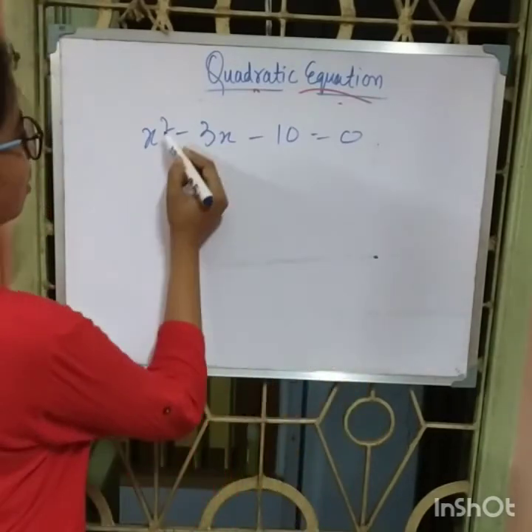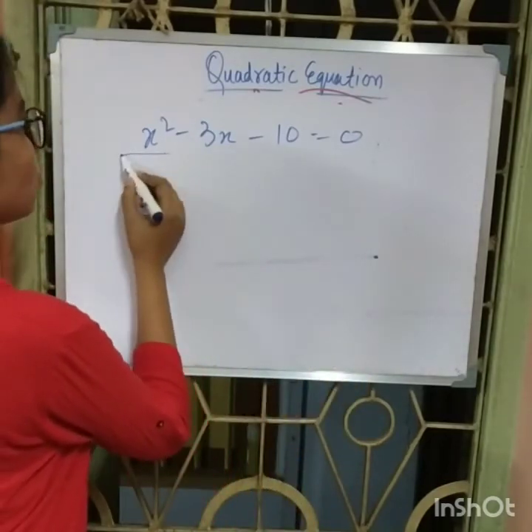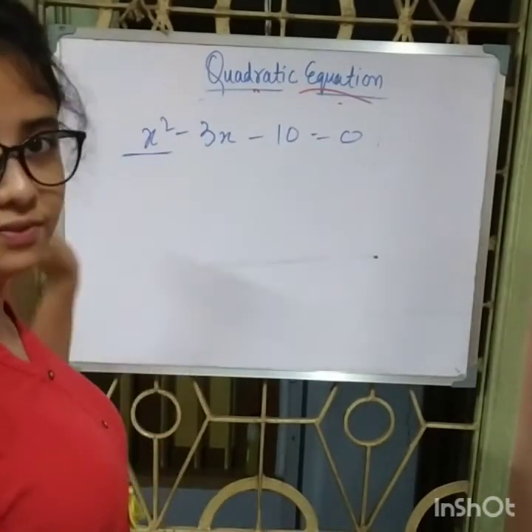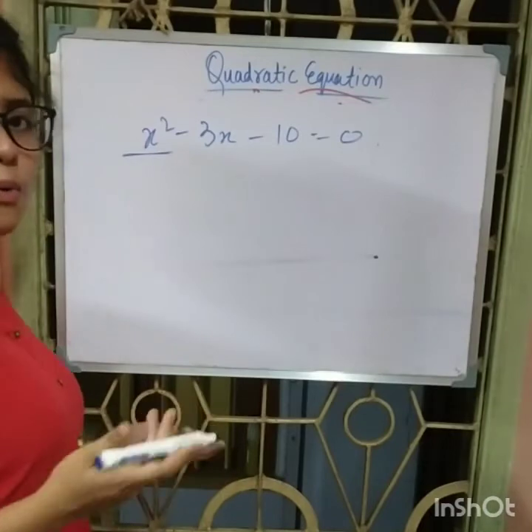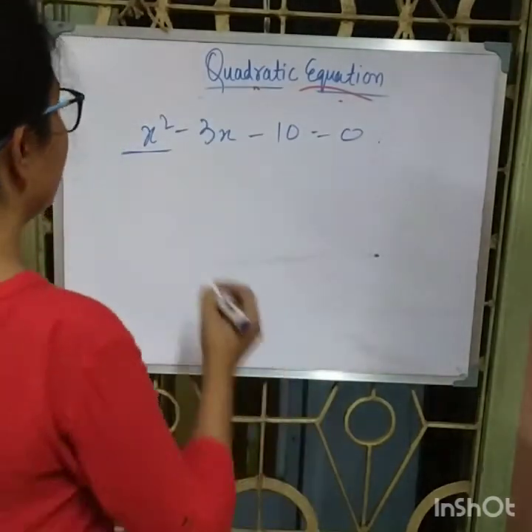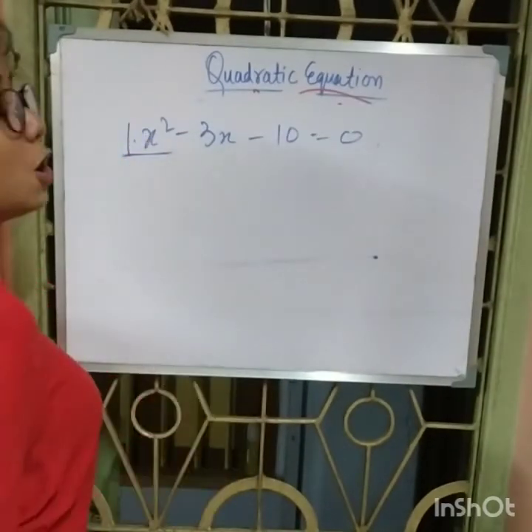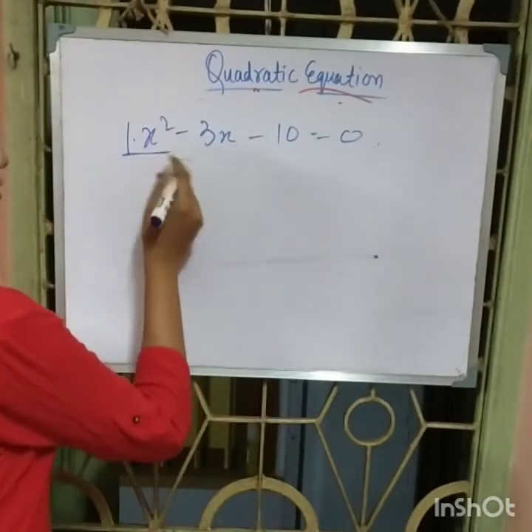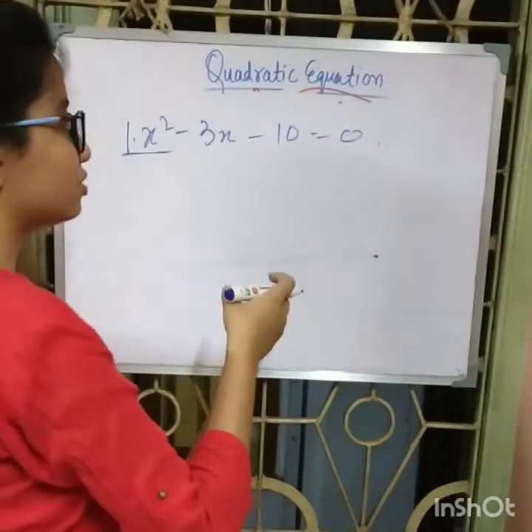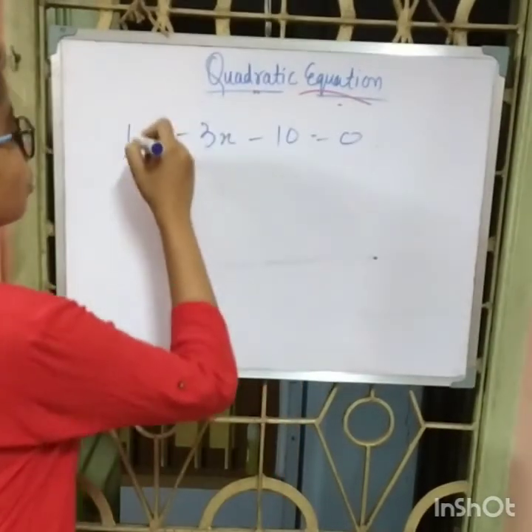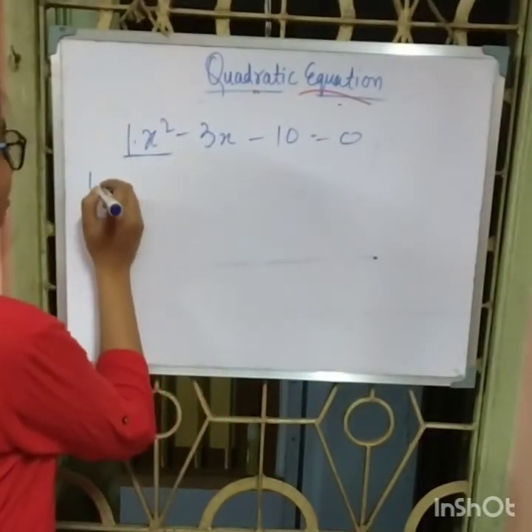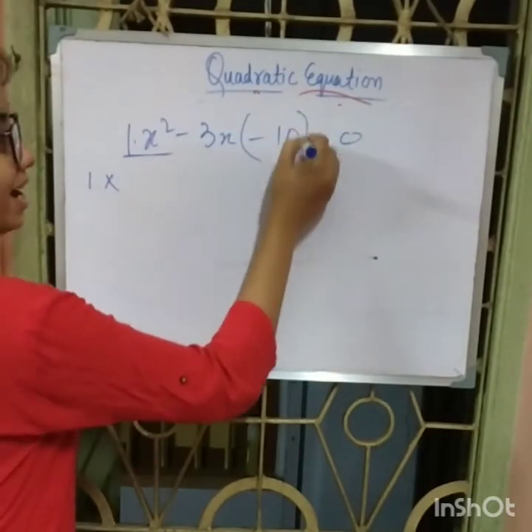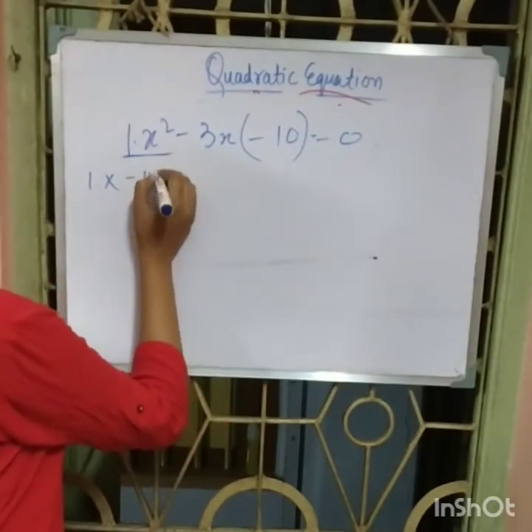So here, see, there is only x square, right? There is nothing written on the left hand side of the x square. So what's its coefficient? Its coefficient is 1.